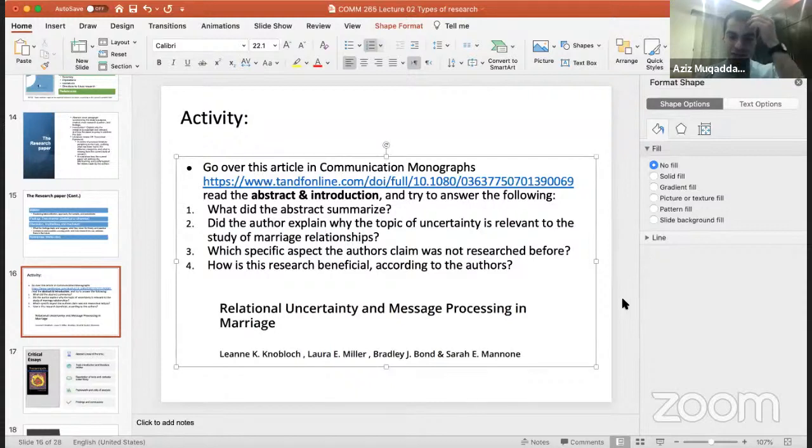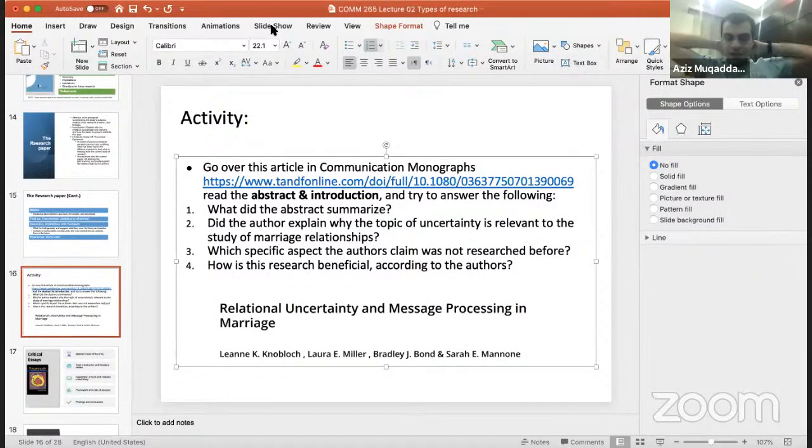So, which specific aspect did the author claim was not researched before? What wasn't researched before? The authors made a very explicit statement about that. I think in the same paragraph they said, we are not aware of any work, however, that has investigated uncertainty as a predictor of communication in marriage.